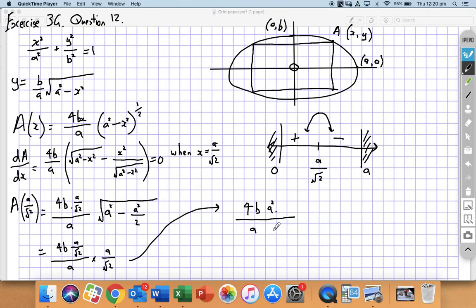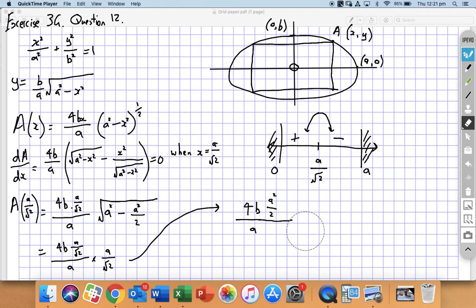Now, this is effectively what's going to happen. The 2 is going to end up on the bottom of that fraction, but we might want to think through that for a minute. So let's write it this way. We've got times a squared divided by 2.